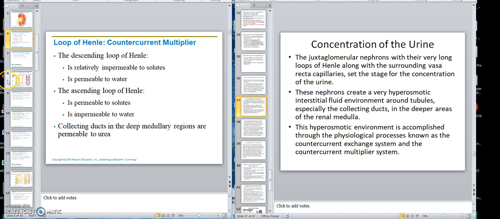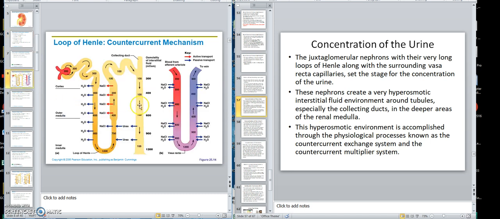But this countercurrent multiplier system and countercurrent exchange system are responsible for creating this hyperosmolar environment that we're going to use. And the movie will show you how those two systems work. Okay, let's go further.